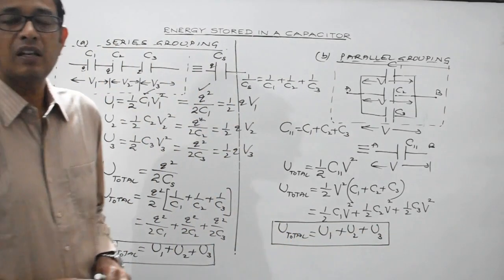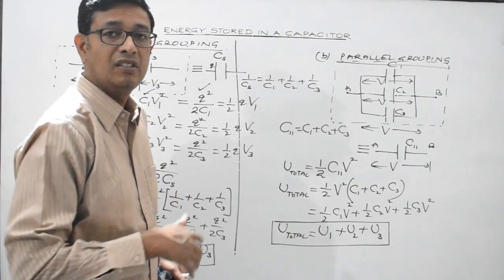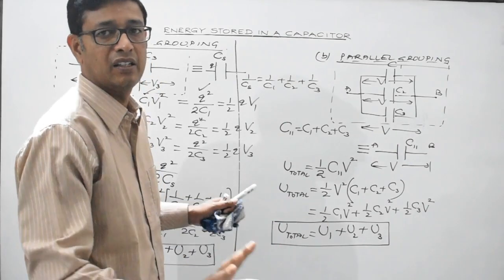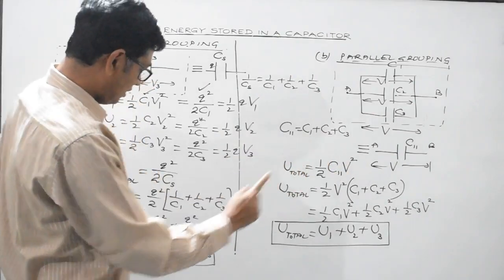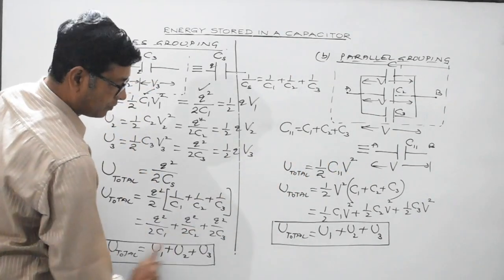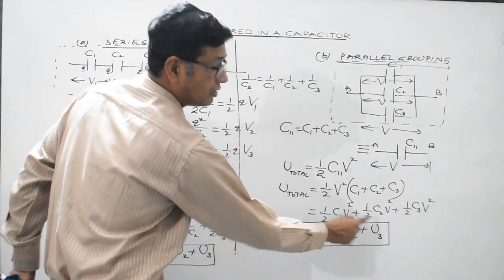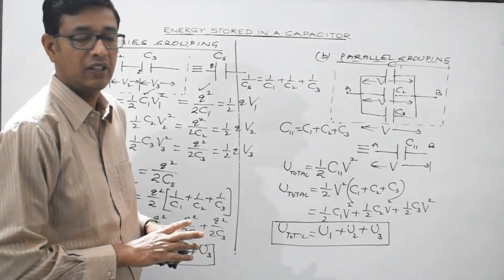So students, as you can observe, whether the capacitors are connected in series or they are connected in parallel, it is immaterial. In both the cases, the net energy of the system is given by the sum of the energies stored in the individual capacitors, right?